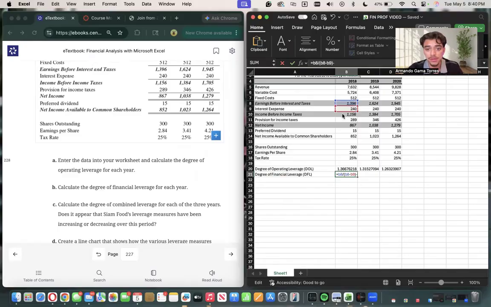Minus interest expense. Oh, it already did that. For the preferred dividend, over one minus the tax rate, which is 25% here. Close that double parentheses. Oh, negative. Let's see what I did wrong.